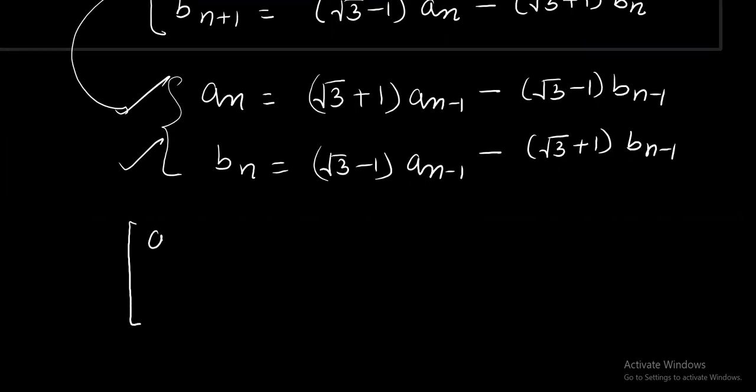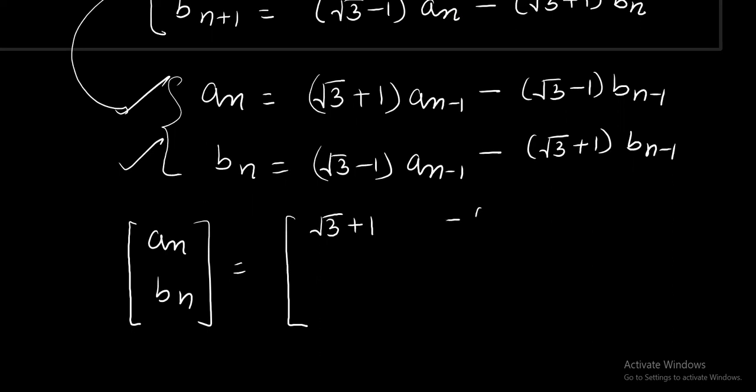I'm going to write An, Bn over here. On the right hand side, the first matrix will be the coefficient matrix: root 3 plus 1, minus of root 3 minus 1. Then we have root 3 minus 1, and then minus of root 3 plus 1.